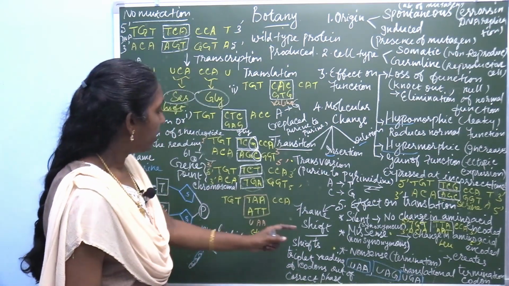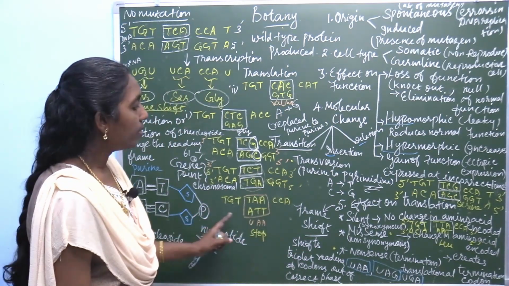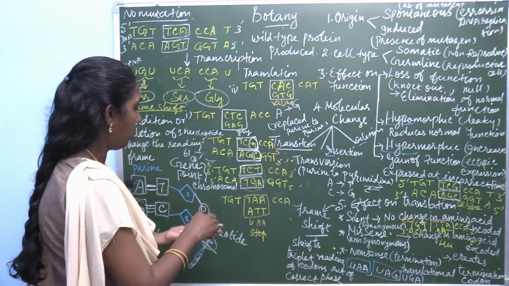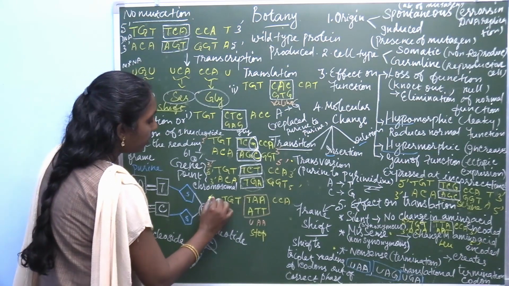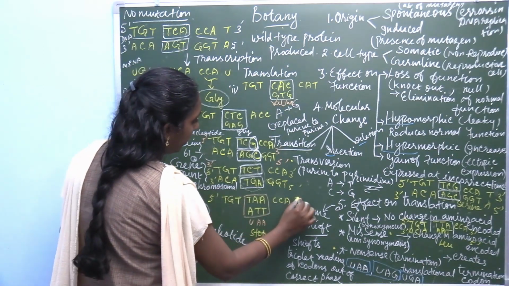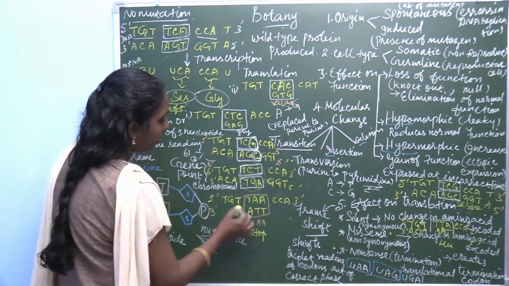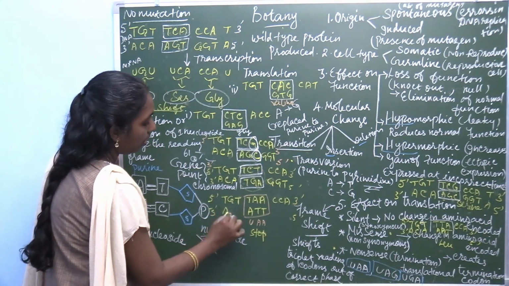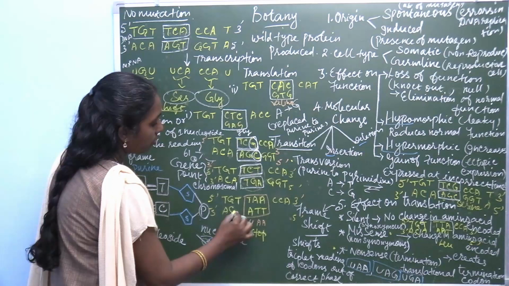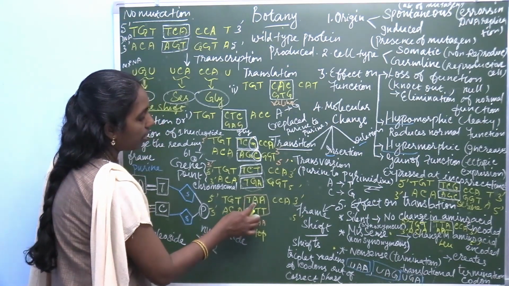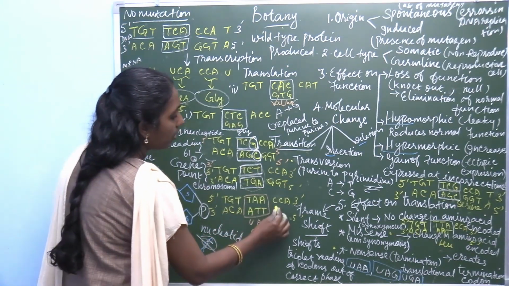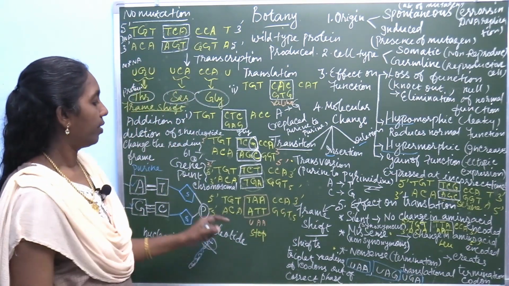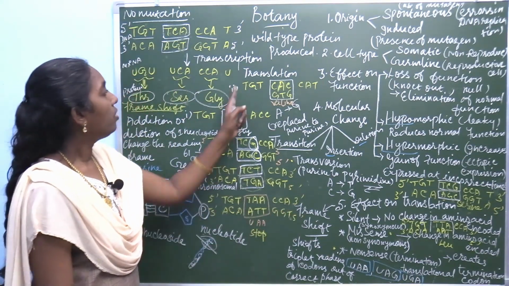What happens in this? Here, the nonsense codon, 5' to 3', 3' to 5' direction: thymine, adenine, guanine, cytosine, thymine, adenine, and so on.